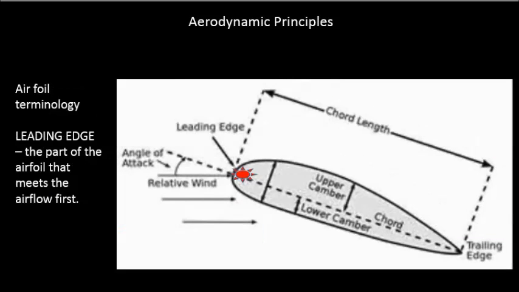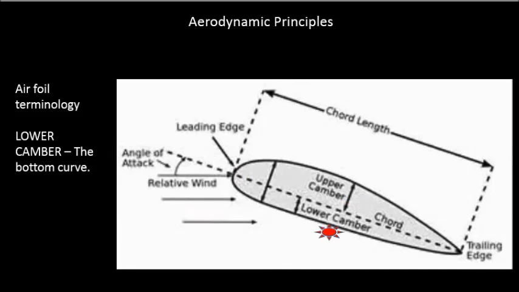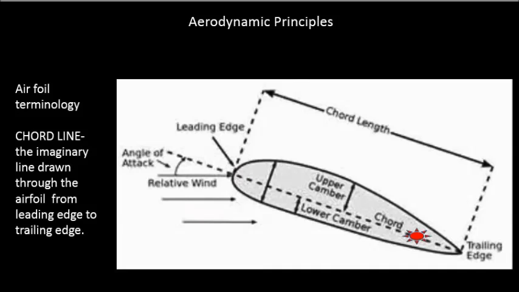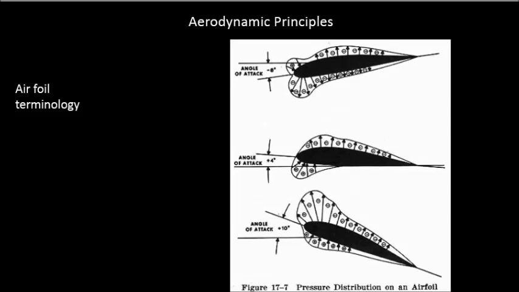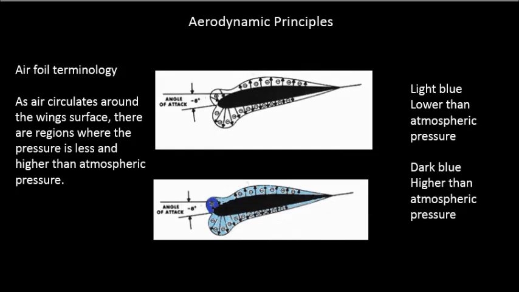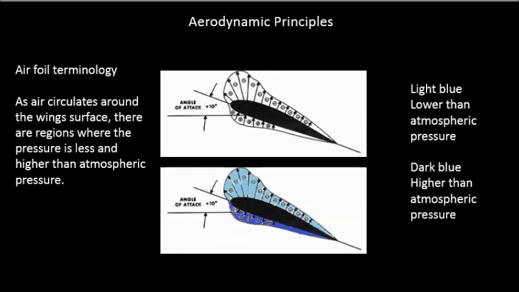We defined airfoil terminology, or we gave you airfoil definitions: leading edge, trailing edge, upper camber, lower camber, chord, relative wind, angle of attack. We talked about air circulation and center of pressure, low pressure on the top, higher pressure on the bottom.